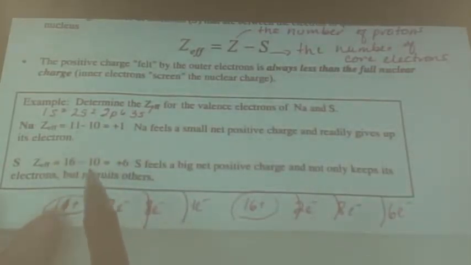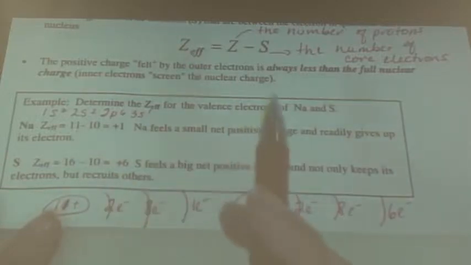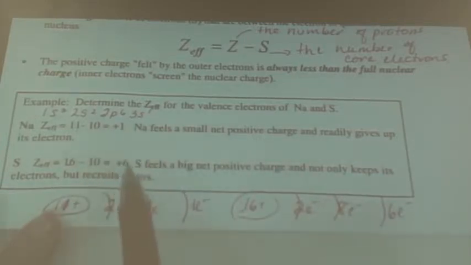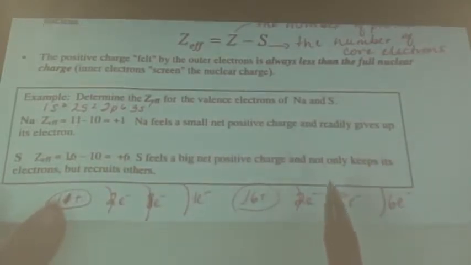Its effective nuclear charge is 16 protons minus the same 10 core electrons, which is a +6 effective nuclear charge. What this is saying is that sulfur's valence electrons feel a stronger attraction to the nucleus than sodium's. Does that make sense?